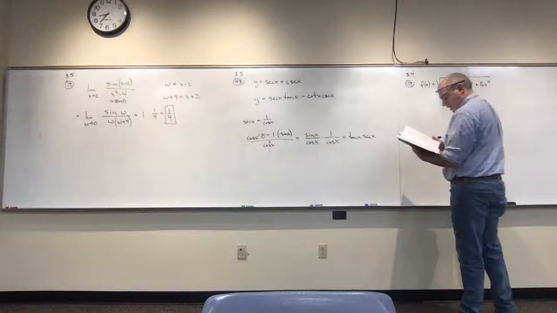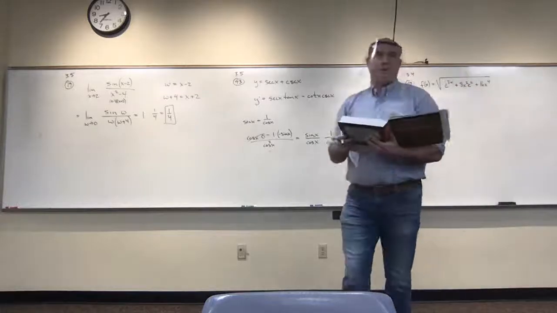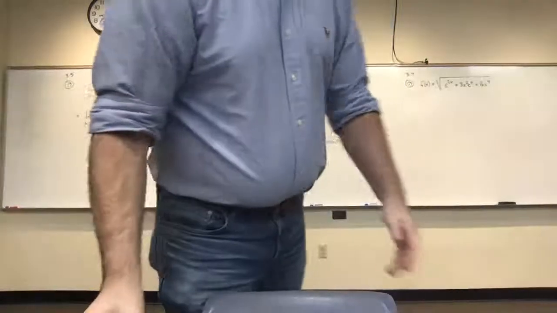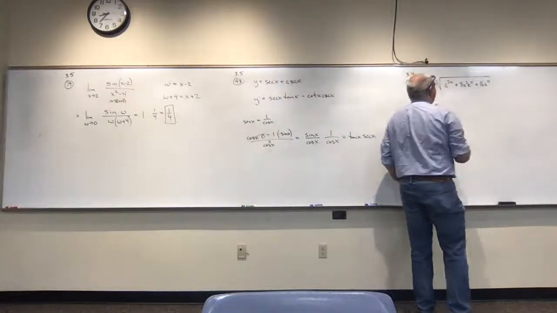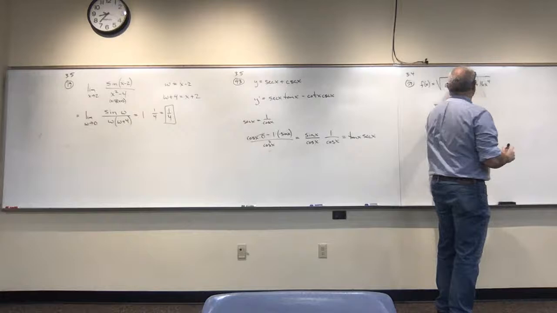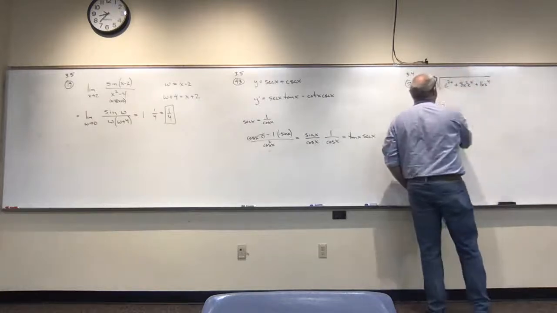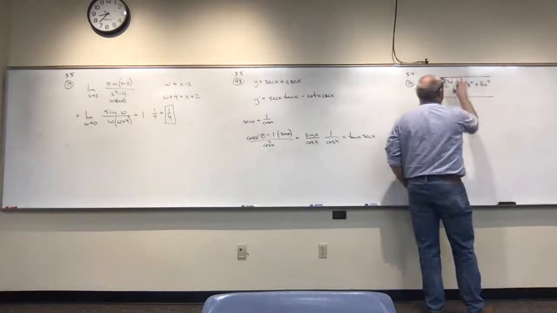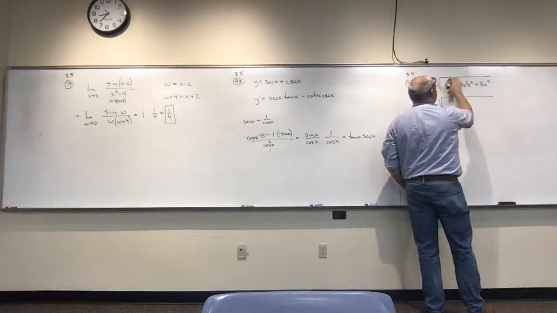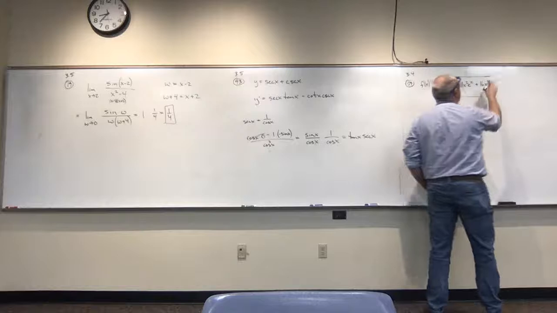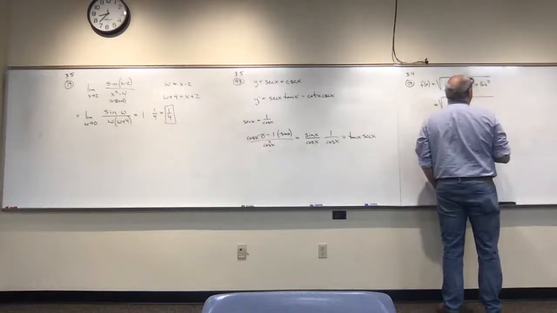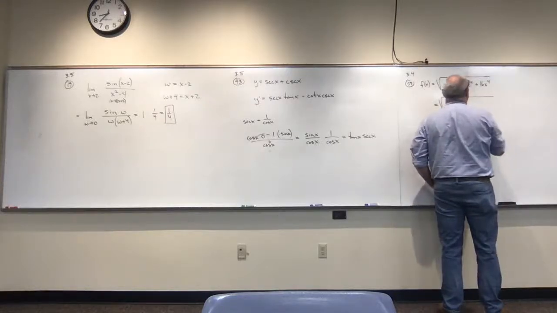Okay, and they even give a hint: factor the function under the square root first. All right. So if we do what we're told and factor this thing, I'm just taking a guess based on what I see. The square root of e to the 2x is just e to the x. The square root of 16x to the 4th is 4x squared.